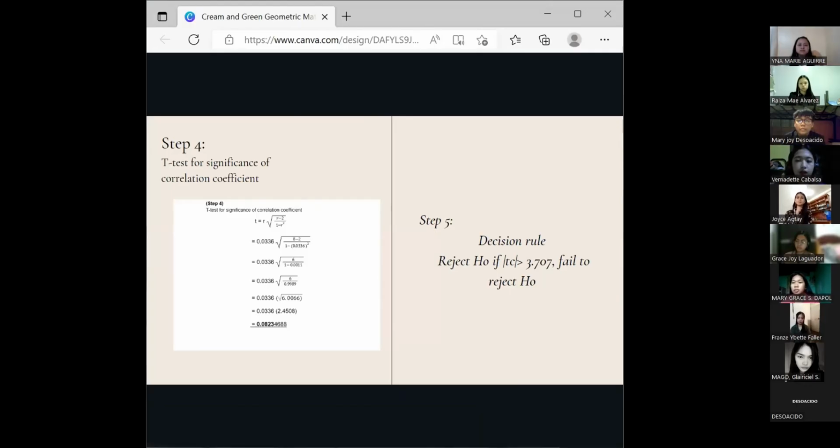Step 4. And now our group will determine the t-test for significance of correlation coefficient.